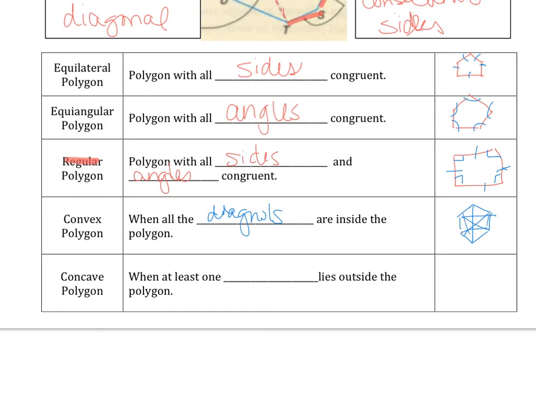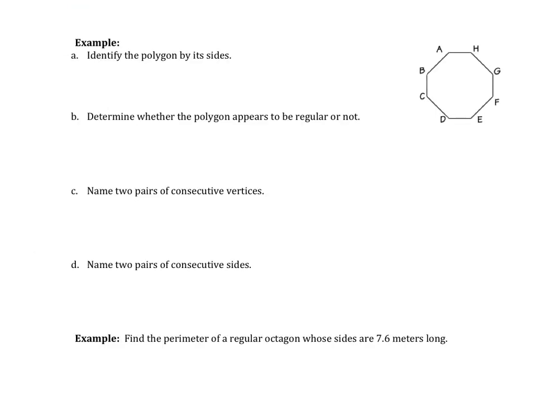And a concave polygon is one where at least one diagonal lies outside the polygon. So I'll draw that, and then the diagonal would go from there to there. Diagonals just connect two different vertices. Alright? And let's move to the next.